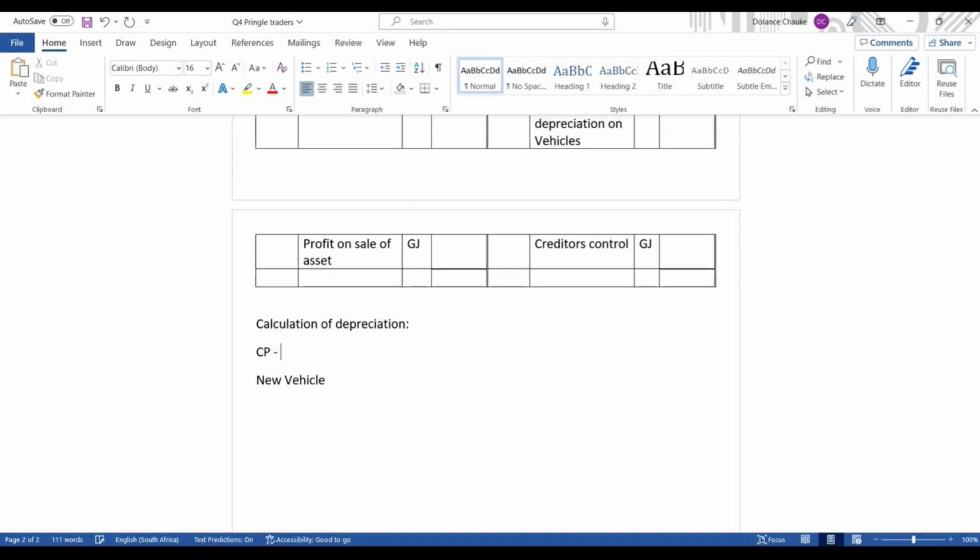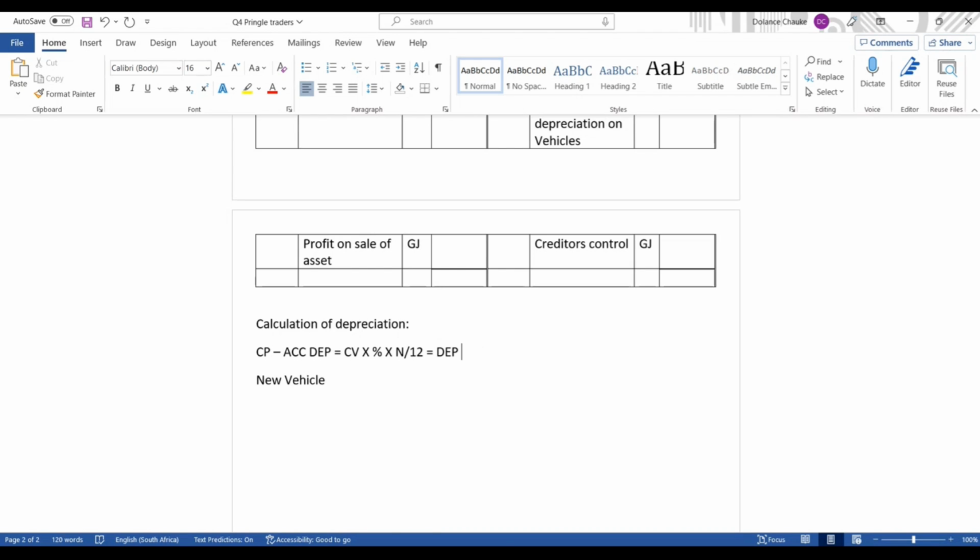Cost price minus accumulated depreciation, then you will get carrying value. So it means you must first calculate the carrying value. After getting the carrying value, you are going to multiply by the percentage provided, multiply by number of months, which is n, you divide by 12. And then you will get your depreciation.